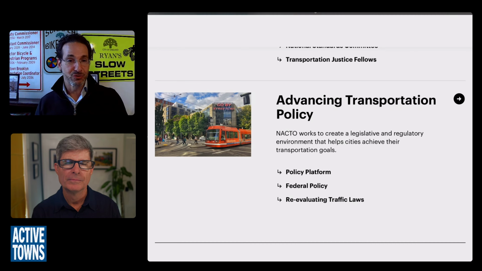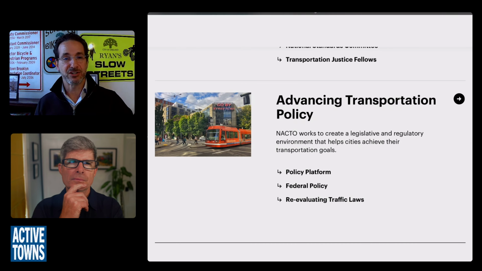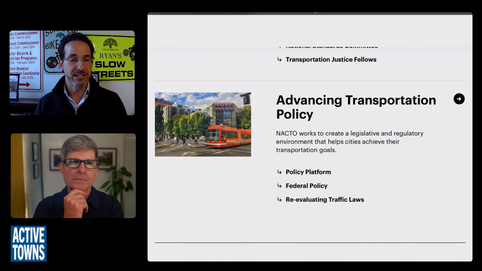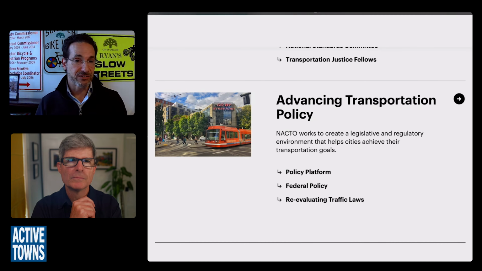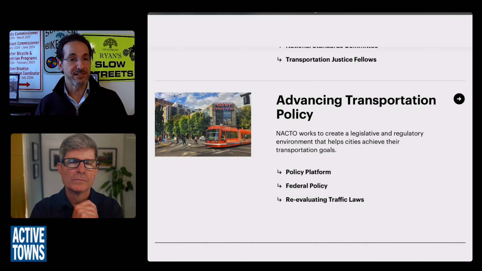That funding trickles primarily to state DOTs and then somewhat to the MPOs, the regional planning associations, and then down to cities. So NACTO has been a champion for more funding for cities to get from this system.